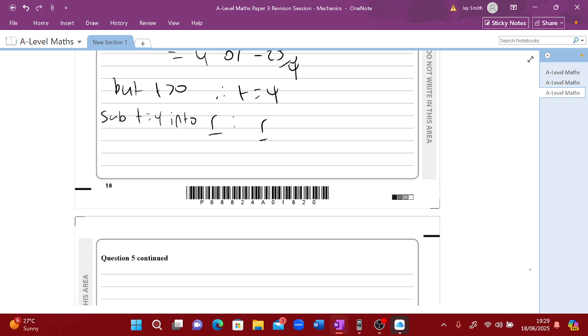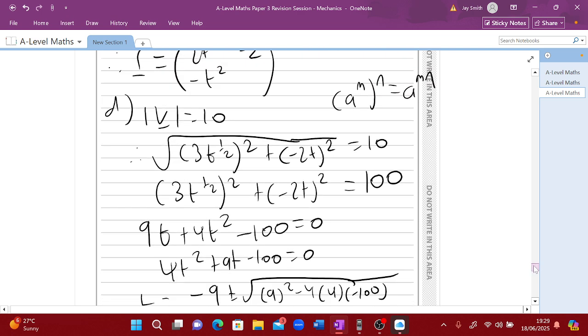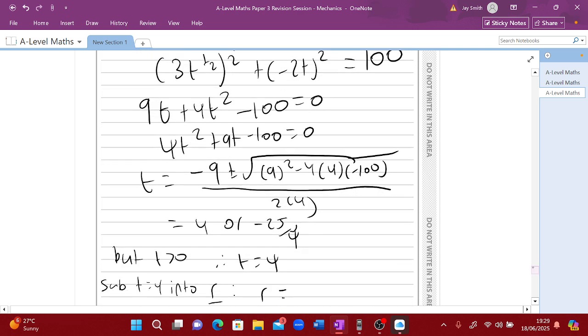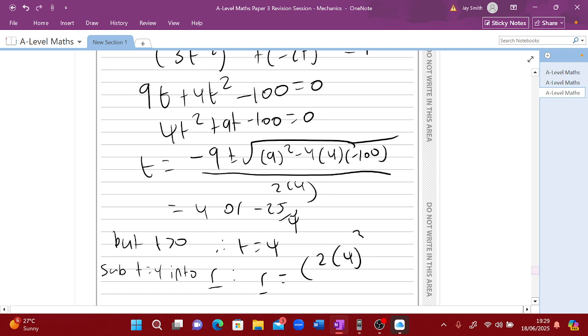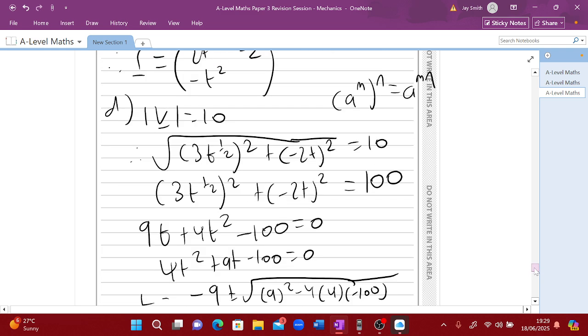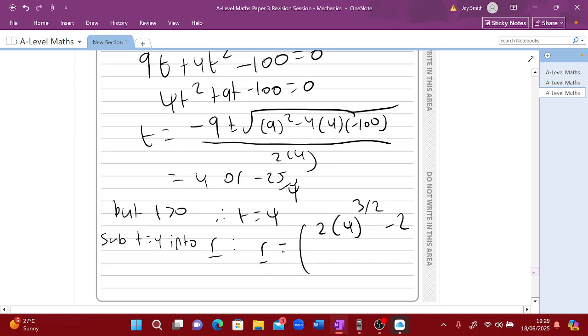And I'm going to get r is equal to, so we did that in part C, 2t, which is 4, to the 3/2 minus 2, and the other component is minus t squared, so it's going to be minus 4 squared.